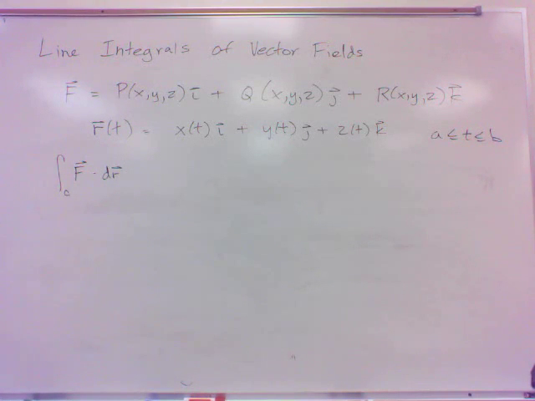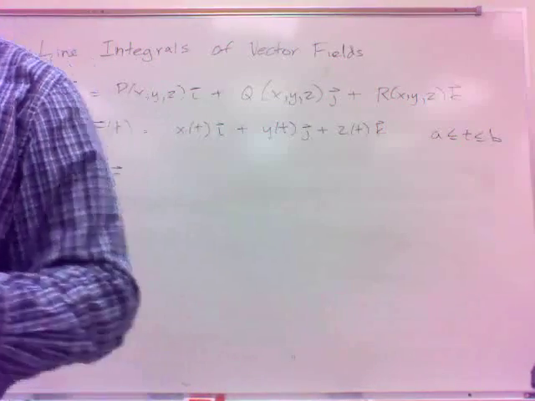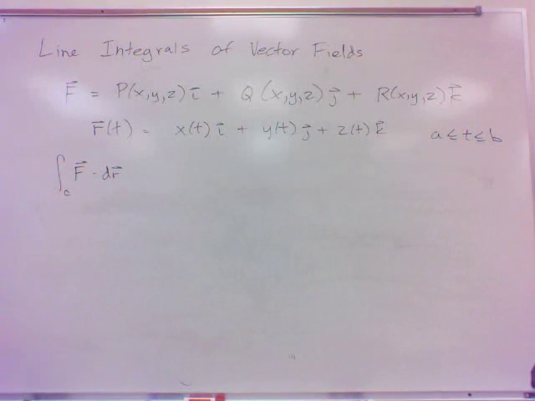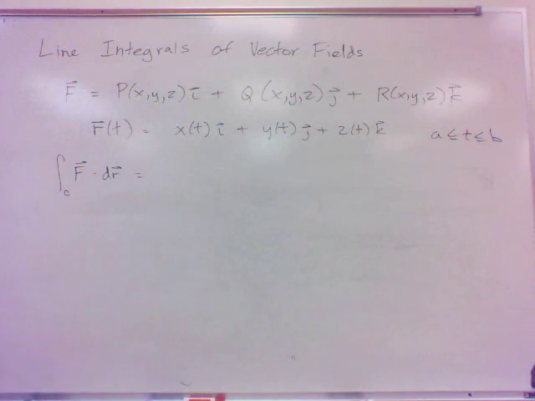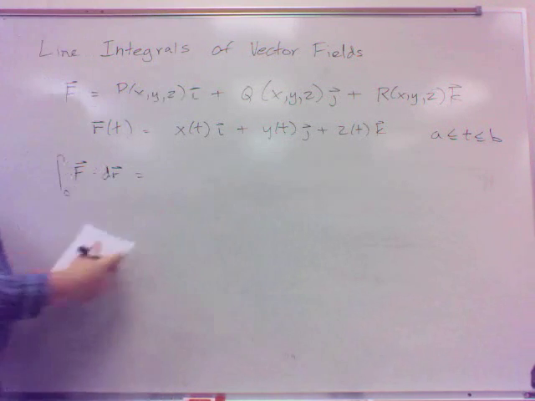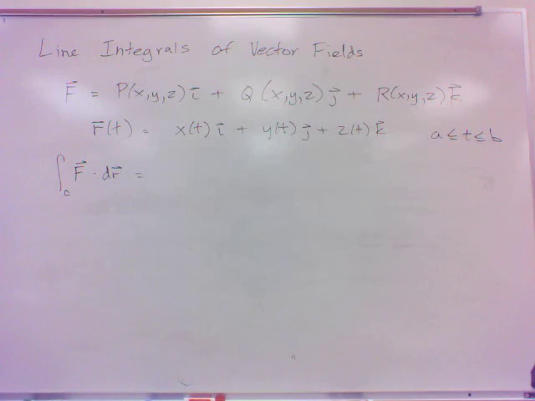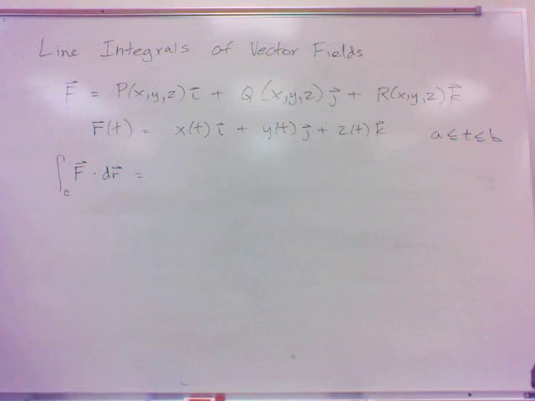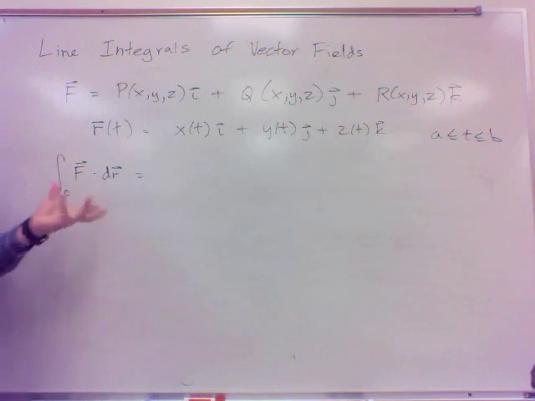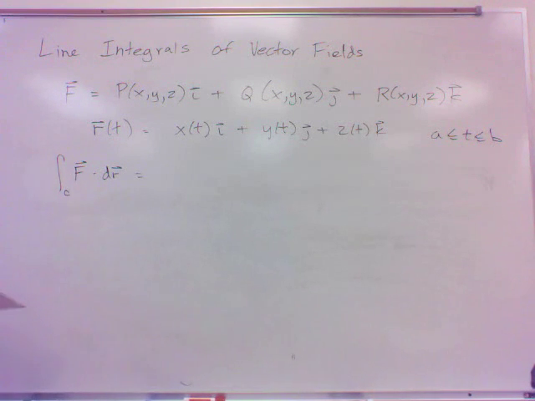This is how they usually write it: vector field F dotted with dr, differential of R. The example in the book was something like a gravitational or magnetic force field. This gives you the work done if a particle moves along the curve.